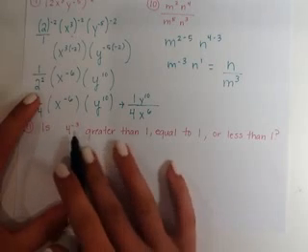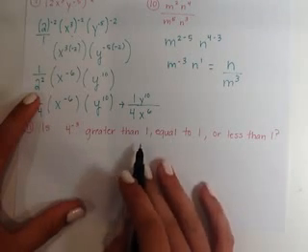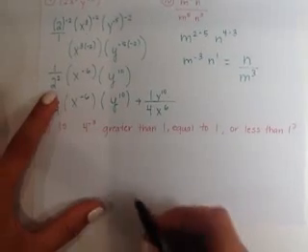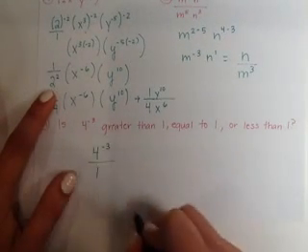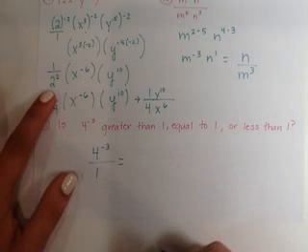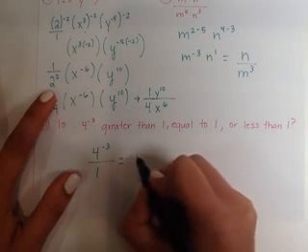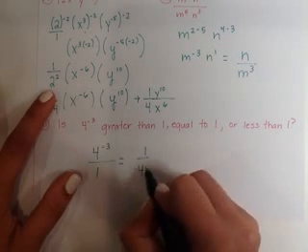Is 4 to the negative third power greater than 1, equal to 1, or less than 1? We've got to simplify first. 4 to the negative 3 is understood to be over 1. But we know we cannot have a negative exponent. So when we send it to the basement, it will then become positive.